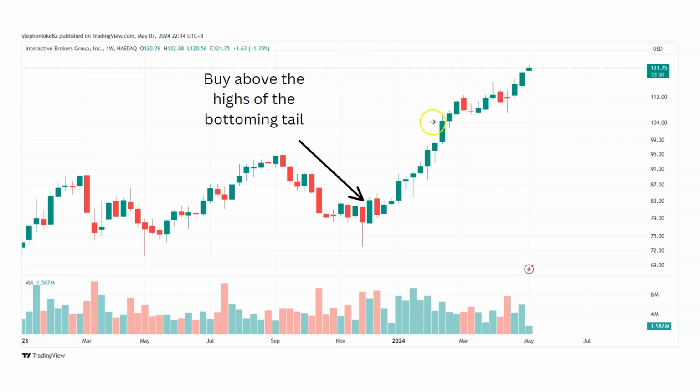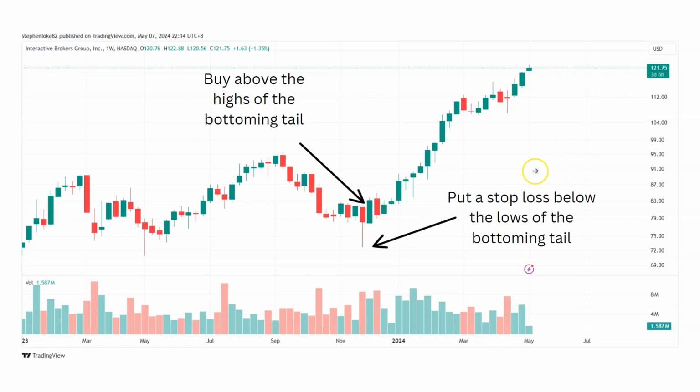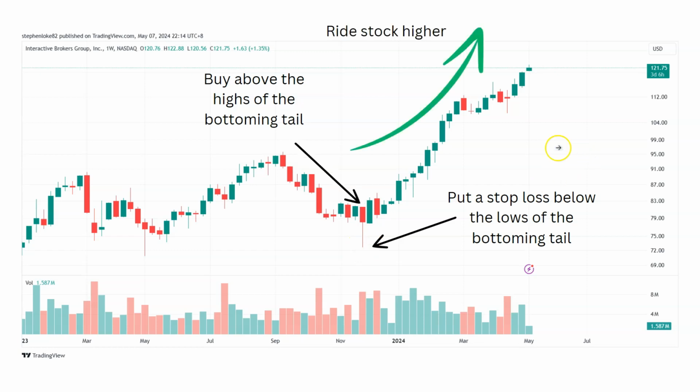Now, buy above the highs of the bottoming tail. That means when the next bar trades above the highs here, you buy the stock. Then you put a stop loss below the lows of the bottoming tail. This is the low, put a stop loss around here, and ride this stock higher.